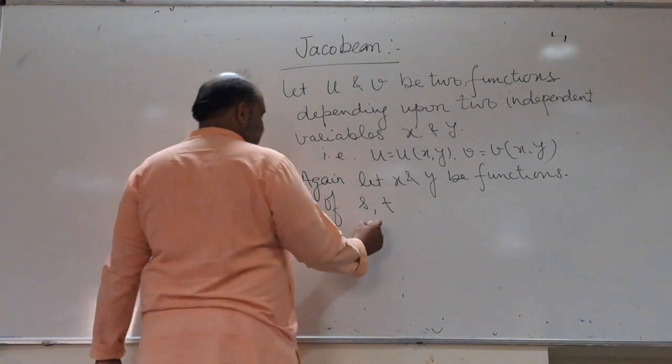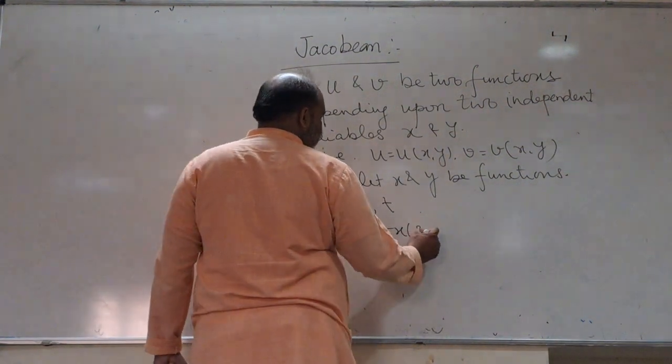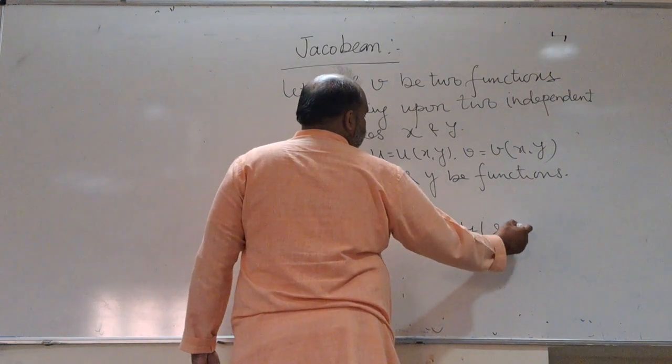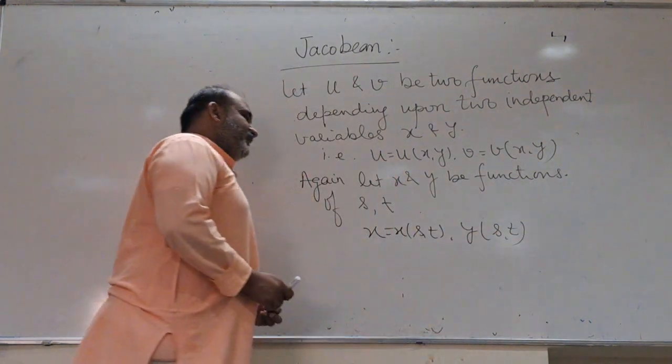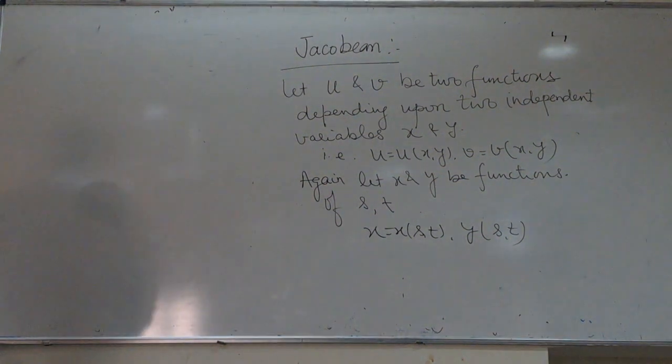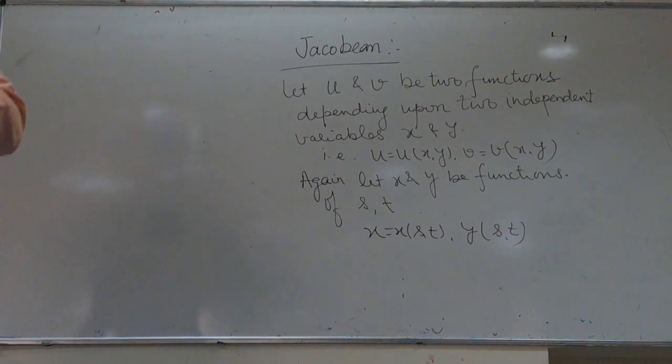That is x depending upon s, t and y depending upon again s, t. Is it clear? Such types of situations give rise to the definition, and the necessity of the definition, of a Jacobian.